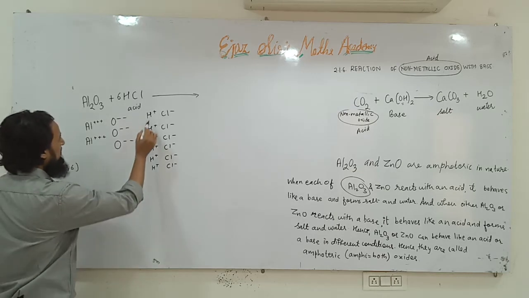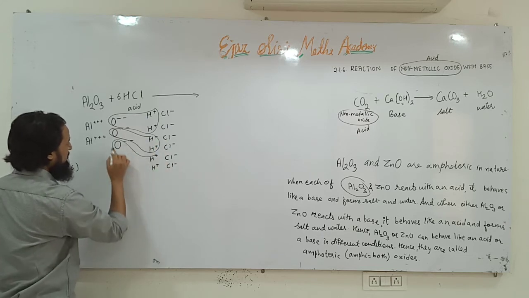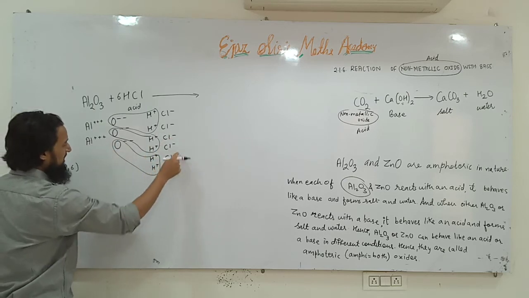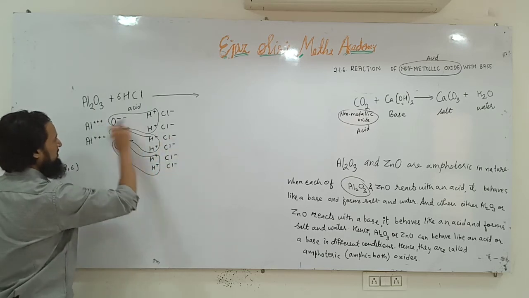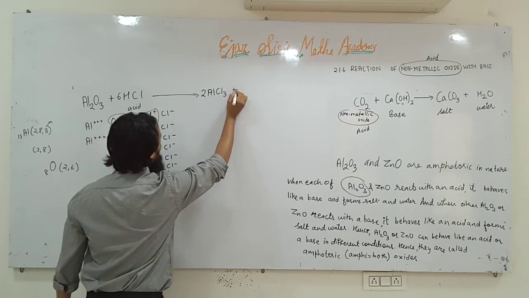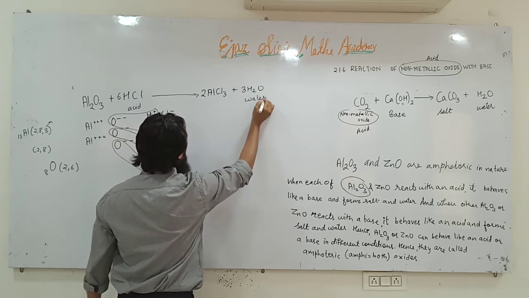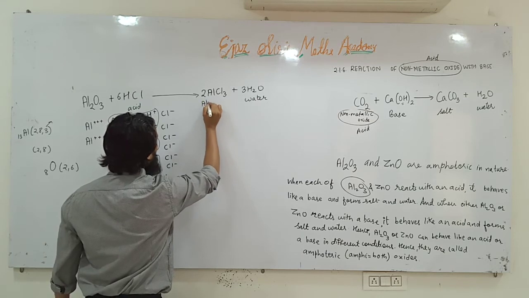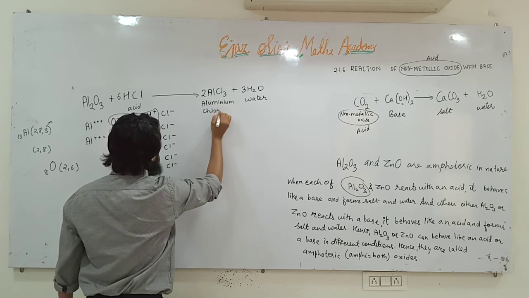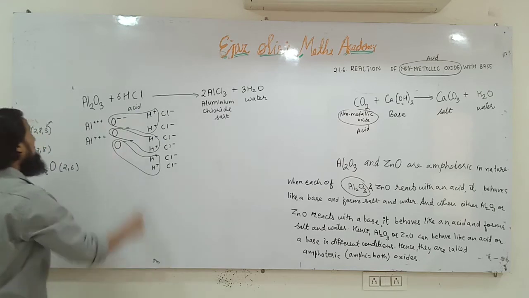Now see, H2O, H2O, H2O, and this is AlCl3, AlCl3. 3 positive, 3 negative, 3 positive, 3 negative. So it will form 2AlCl3 plus 3H2O. This is water, no doubt, and its name is aluminium chloride salt, and this is hydrochloric acid.